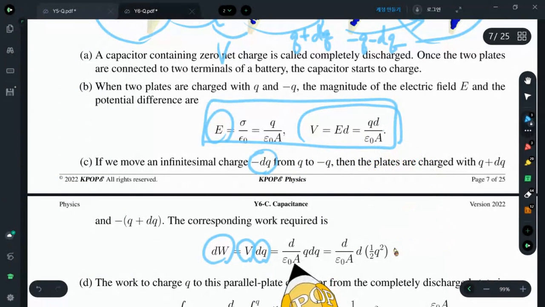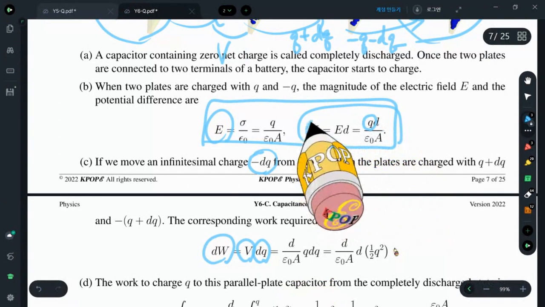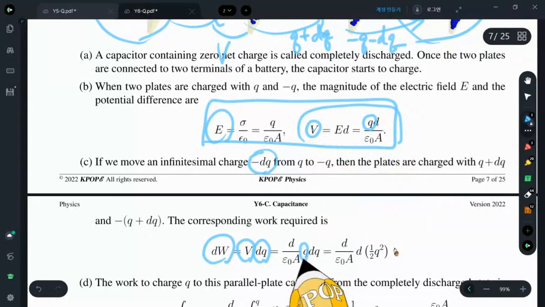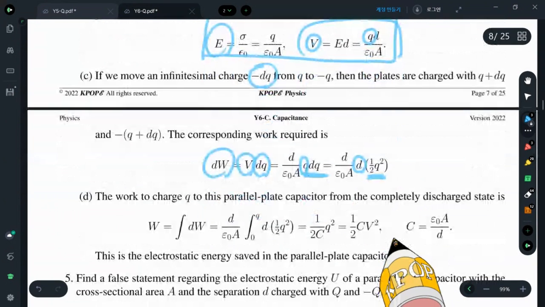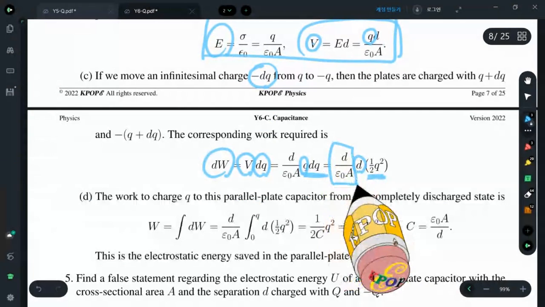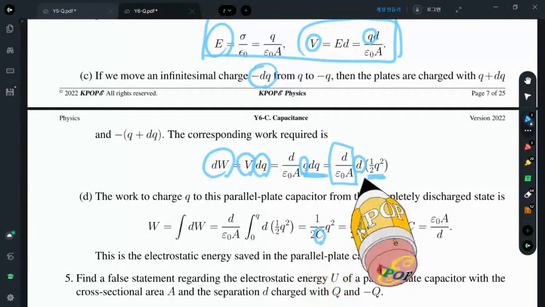I copy this result, and V is proportional to Q. And Q dq is just the differential of 1/2 Q squared. And we remember, what is that? This is just 1 over C, capacitance.